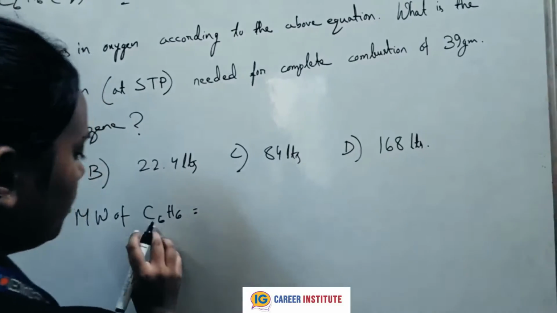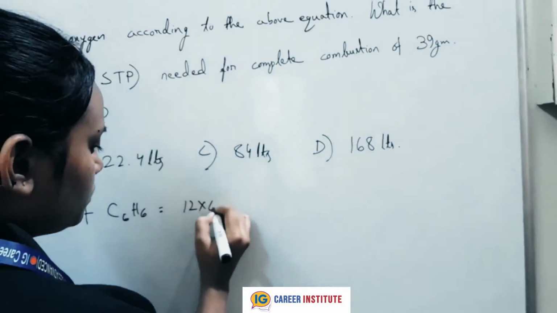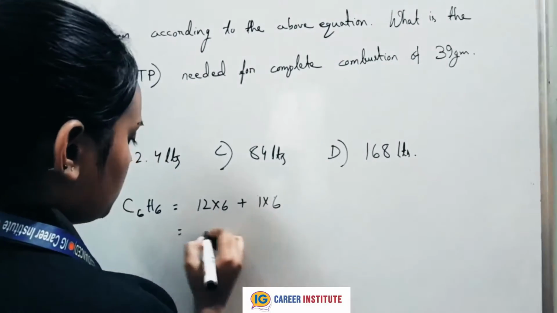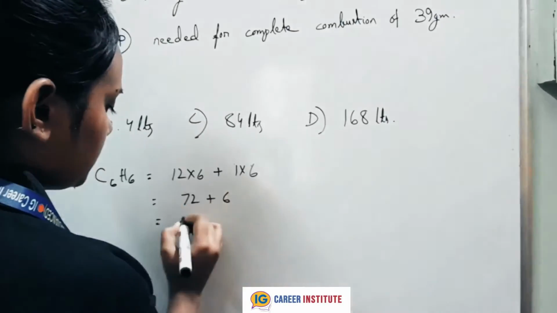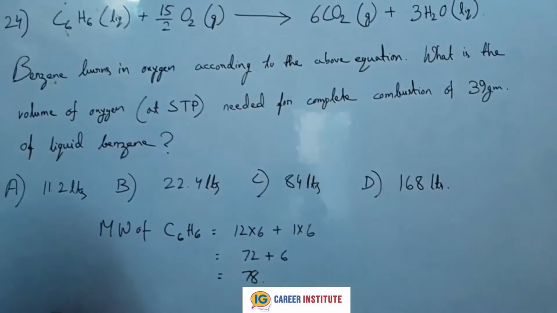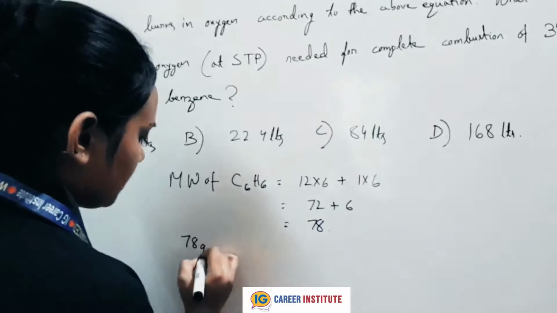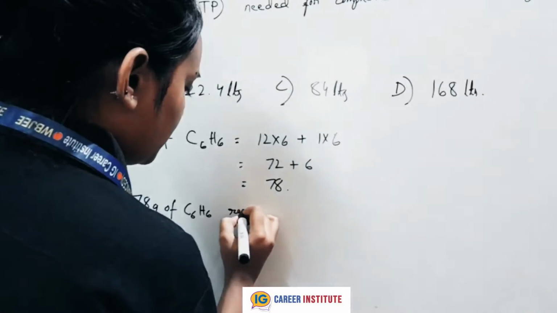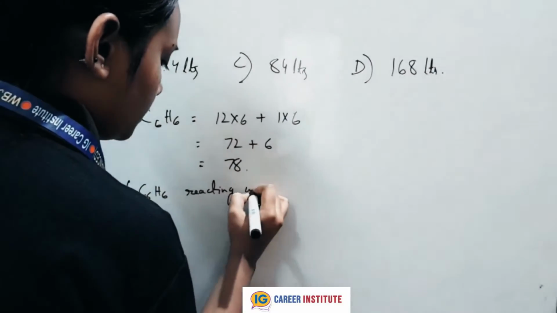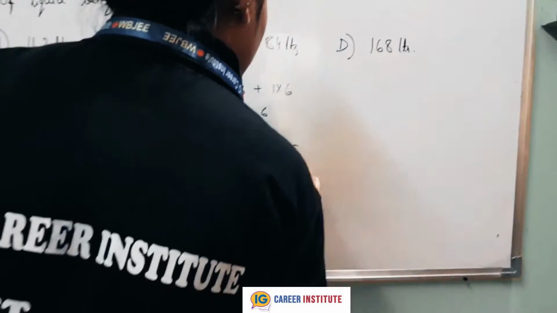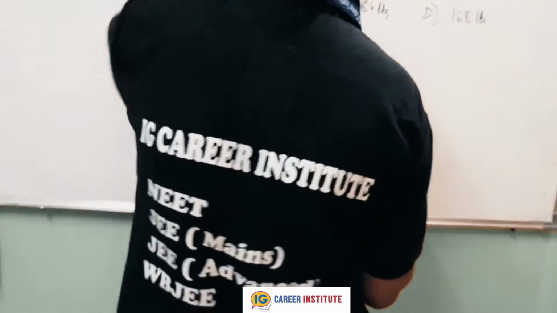C6H6, that is for carbon atomic weight is 12 into 6 plus 1, atomic weight of hydrogen, into 6. So that is 72 plus 6, that comes out as 78. And the molecular weight of O2 is 32. So we can write 78 gram of benzene C6H6 is reacting with 15/2 into, what is the molecular weight?